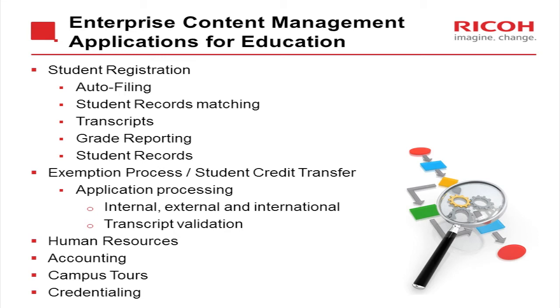It's also used to manage other areas of the college university, including faculty and administrative staff records for current and retired staff, as well as approval processes. And in the finance department, automating expense approvals, accounts payable processes. They can also be used to automate campus tour scheduling, credentialing, and tenuring processes.